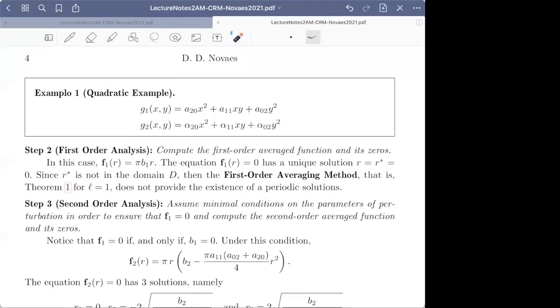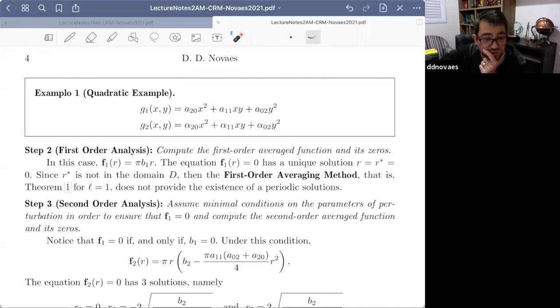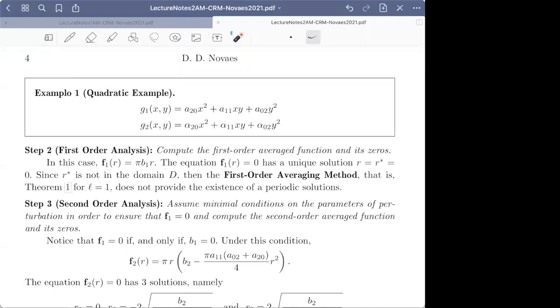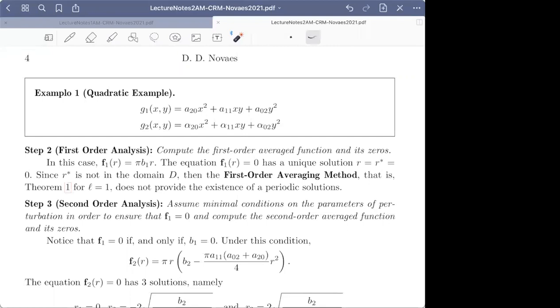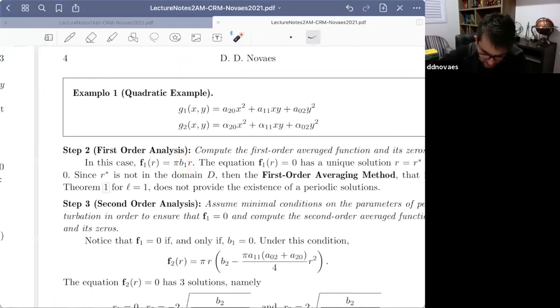Douglas, sorry, one thing. Yes, Joan. This B1, maybe you can explain which it is. It's a number that depends on A00 and A11, no? Sorry, what is B1 here? I didn't understand. B1 is part of our perturbation.